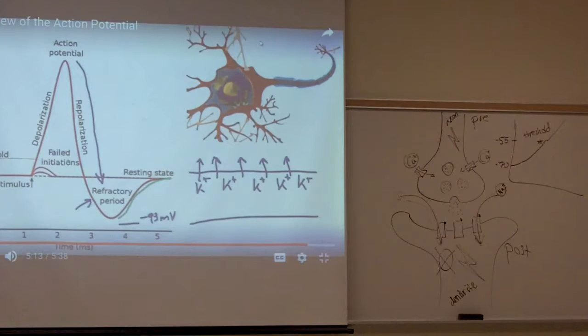And then you have to know which direction the ion is going through the channel. That's easy. You just draw an arrow inwards through the sodium channel. You draw an arrow outwards through the potassium channel.